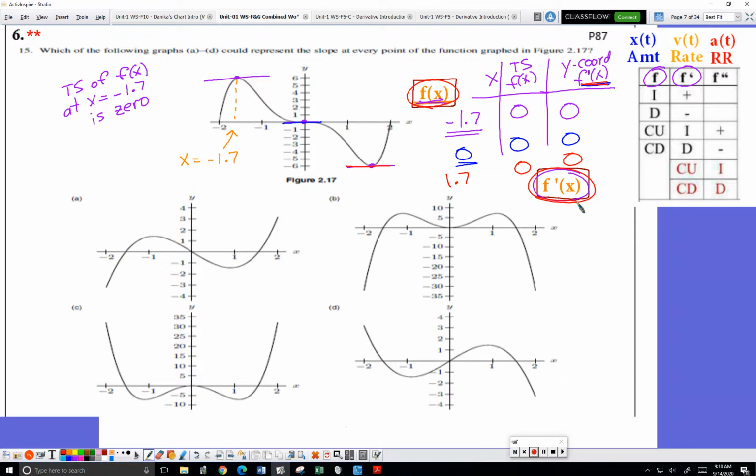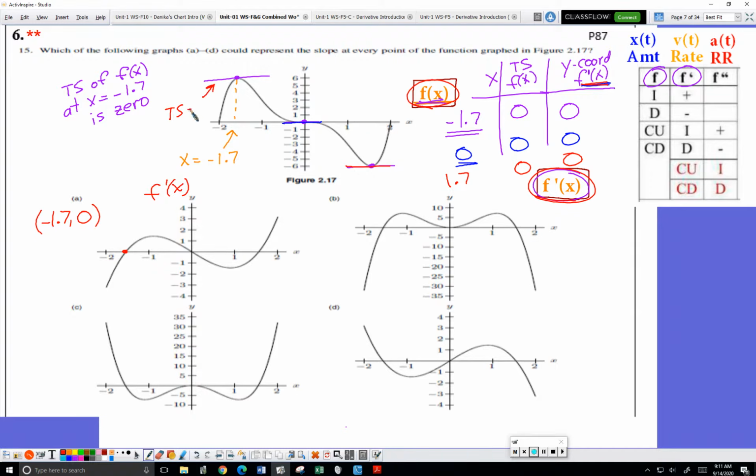Okay, we're supposed to find a match. For this particular problem, they've created a situation where that doesn't help, because this y-coordinate on f prime at x equal negative 1.7, this y-coordinate is 0. That's a perfect match for this right here.